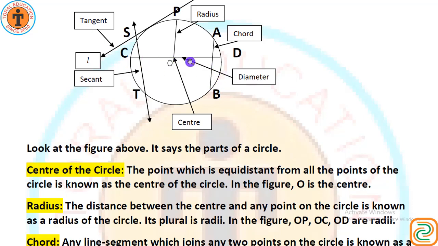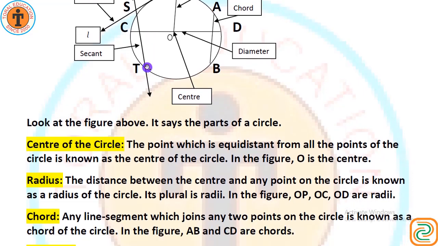Here C and D are on the circle, and CD are joined. Therefore CD is a chord. CD is also a diameter. Diameter is the longest chord of the circle. Remember, diameter is the longest chord of the circle.